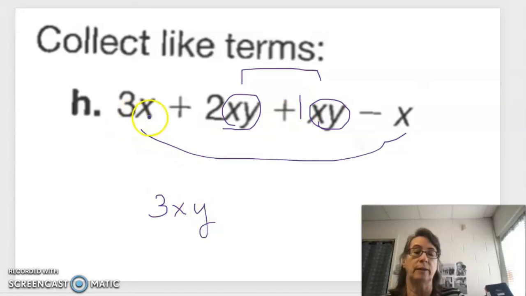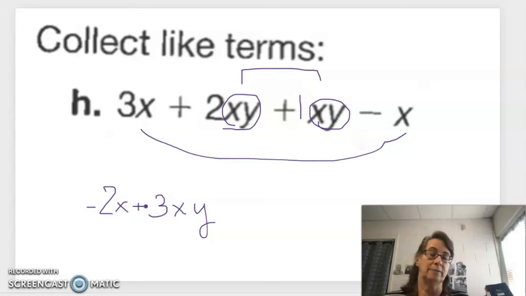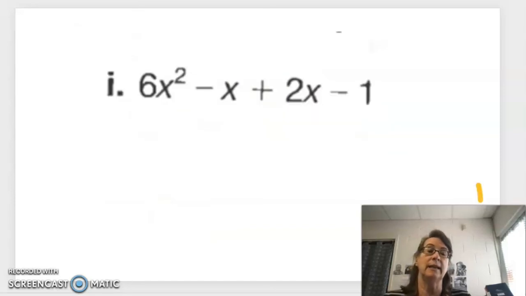And then 3x and a negative x would be a negative 2x. Okay, so now that answer would be correct if I put 3xy minus 2x or negative 2x plus 3xy. It does not matter as long as I have the correct sign in front of each number.